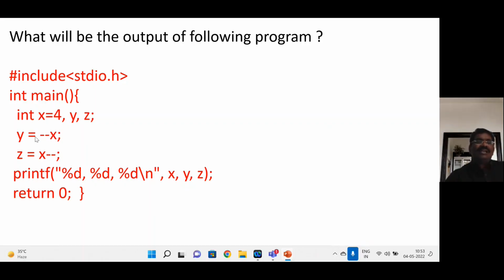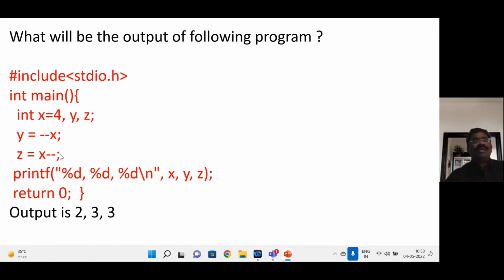What is the y value? --x means it will take 3. After that, z is equal to x--. What is the x value here? 3. So that 3 is assigned to this. So z is equal to 3, y is equal to 3, and we perform this operation 2 times, so we are getting x equal to 2.